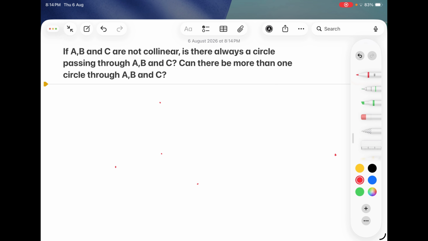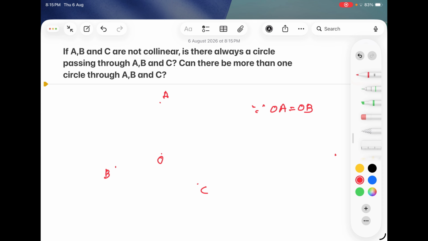If A, B and C are not collinear, is there always a circle passing through A, B and C? Take 3 points A, B, C. They are not collinear, that means they do not lie on the same straight line. Now if you draw a circle which passes through these 3 points A, B and C with center O, then OA equals OB.